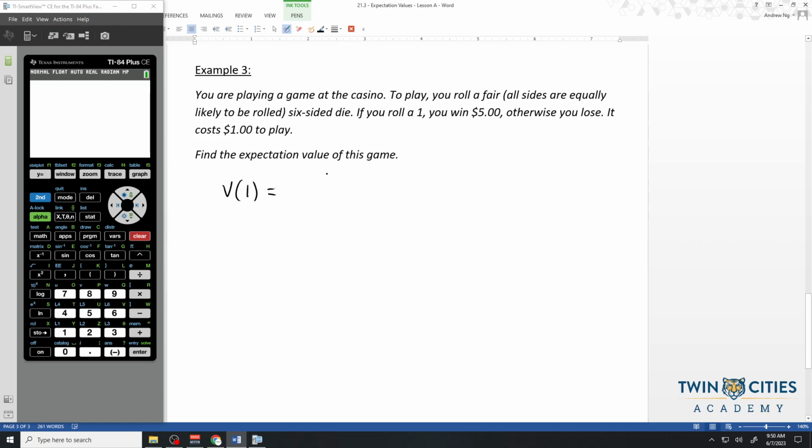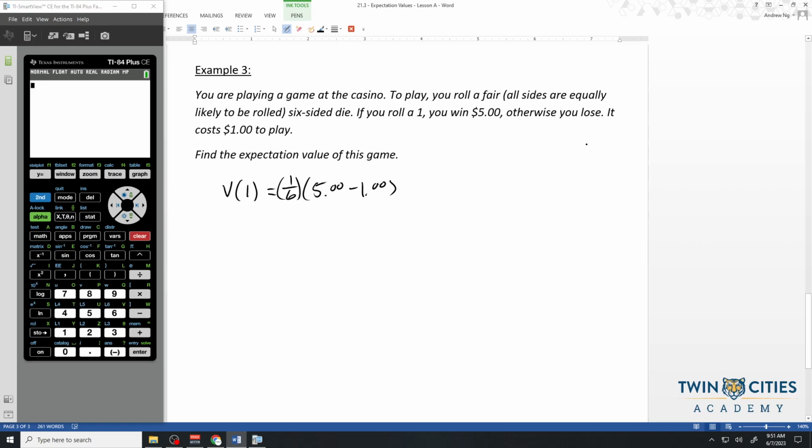this is the probability of getting a 1, so that'd be 1 out of 6, times outcome minus cost. I win $5 minus it cost me $1 to play. Okay, what are the other things that could happen? I could get, well, anything else.